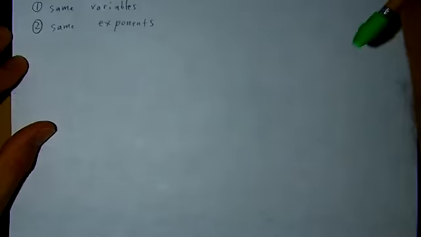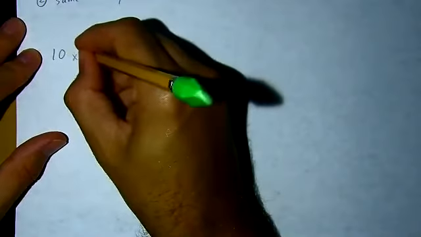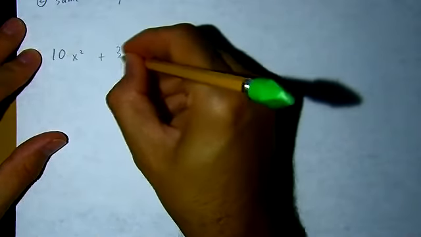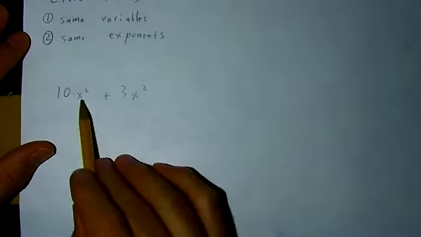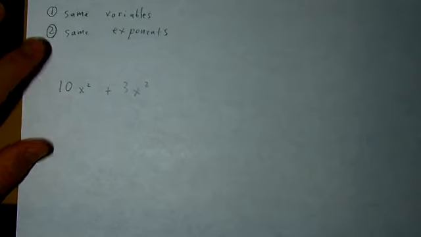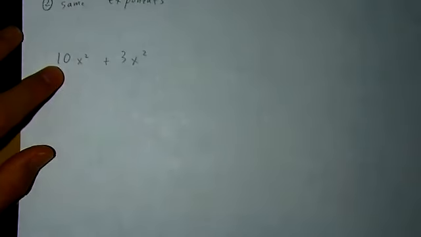For example, say we had 10x squared plus 3x squared. So both of them have x, so that matches number 1. Both of them have squared, so that matches number 2. So therefore they're like terms. If they're like terms, you can continue to add. So you just add just like you're adding numbers.